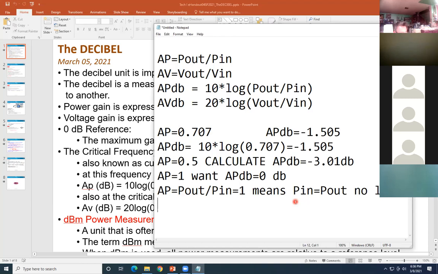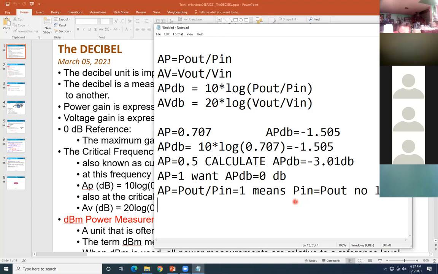Okay, so for the dB, any number less than 1 will get a negative dB. The thing is, you lost. If you get a positive, it means you get a high gain.